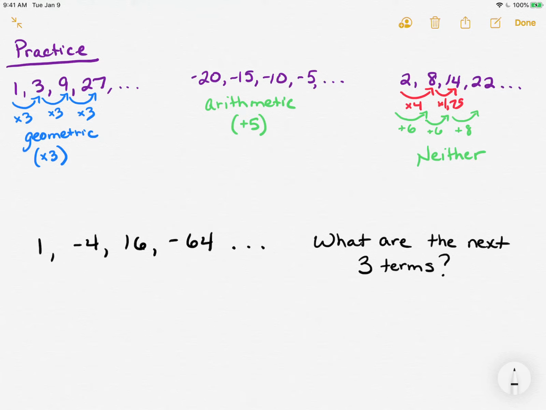So let's start with the one that we generally think is easiest, which is arithmetic. Is this an arithmetic sequence?